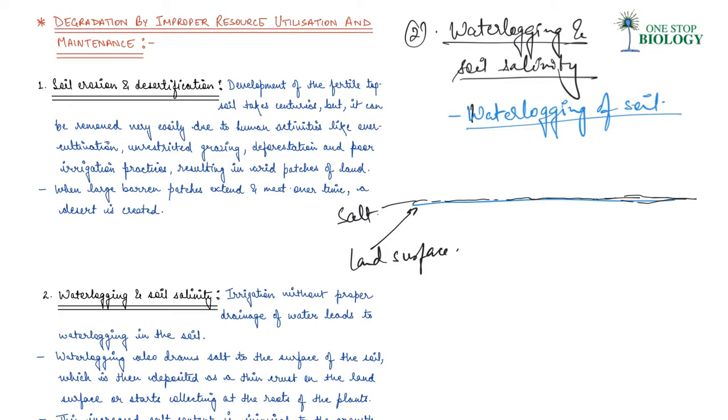This increased salt content is basically inimical to the growth of crops, and it is extremely damaging to agriculture. Now, guys, this water logging and soil salinity are some of the problems that have come after the occurrence of the Green Revolution. So again, it is a major problem.